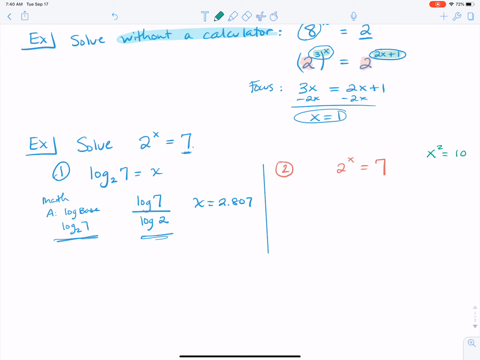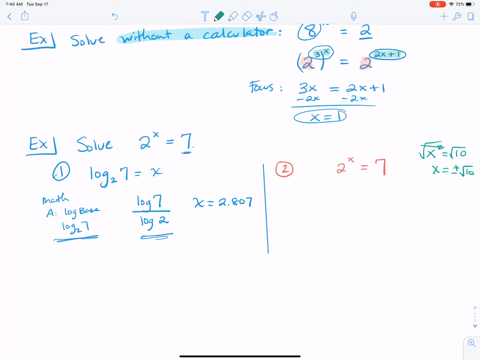If I wanted to get rid of a square, I would use a square root. And then if we were talking to each other face to face, I would ask you, why did you pick a square root? And you would say, Mrs. Fisher, I picked a square root because a square root and a square cancel each other out. And then I would get x equals plus or minus root 10. All right, so you choose that because they're inverse operations of each other.